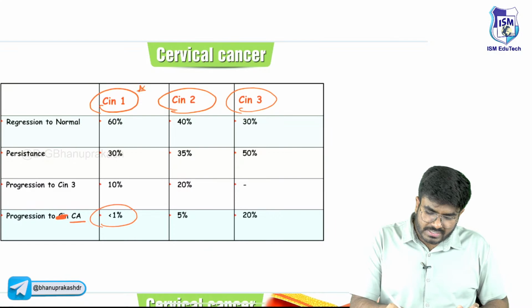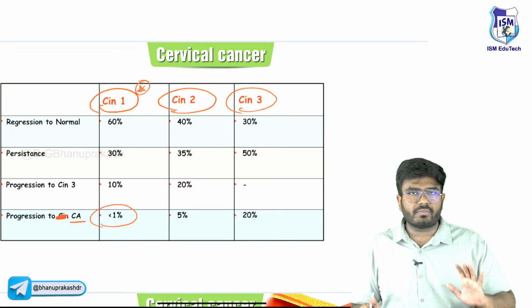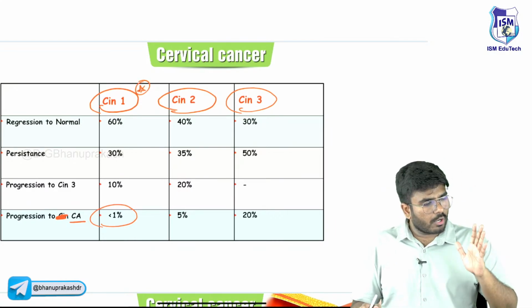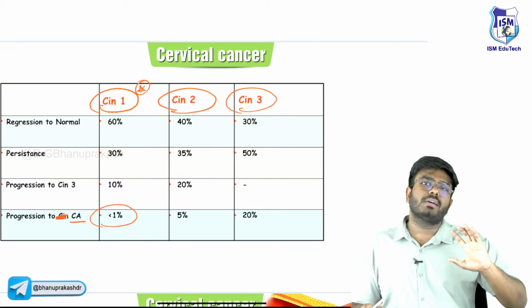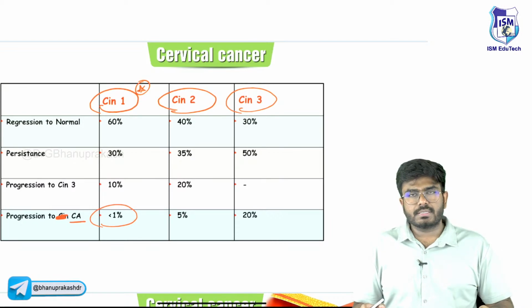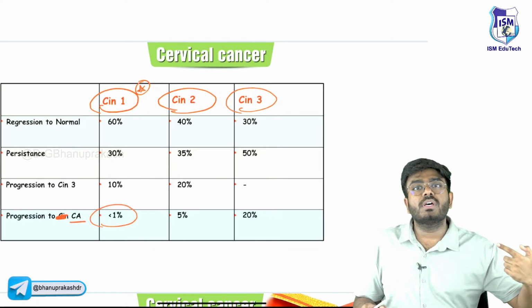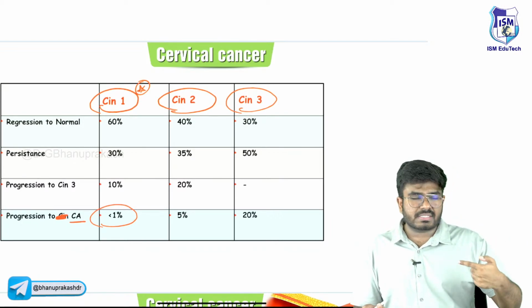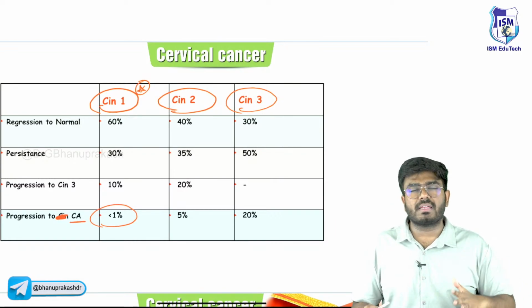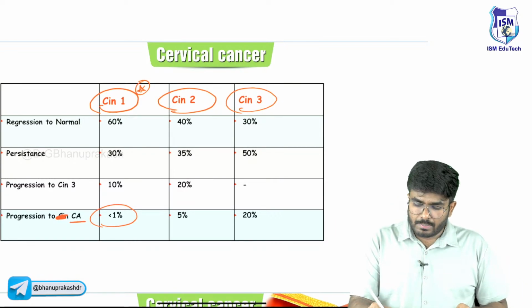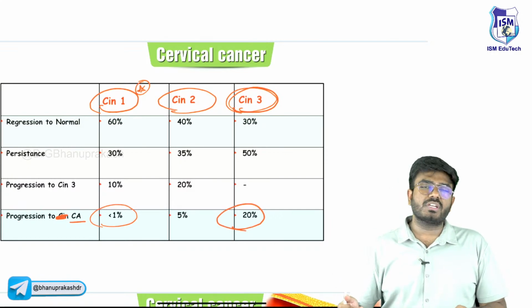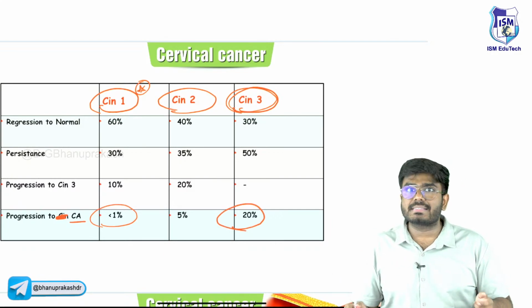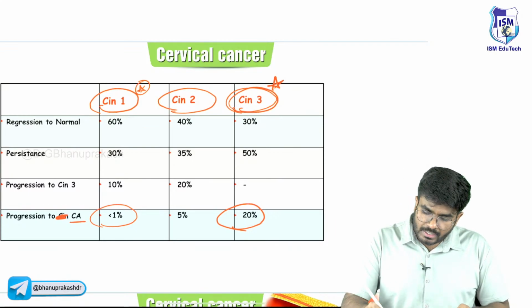For example, if a female has CIN1, a low grade intraepithelial lesion, where the lower one third has dysplastic cells, the chance that she will end up with cervical cancer is less than 1%. But with CIN3, there is a 20% chance that in the future she can develop cervical cancer. So this is a high grade lesion.